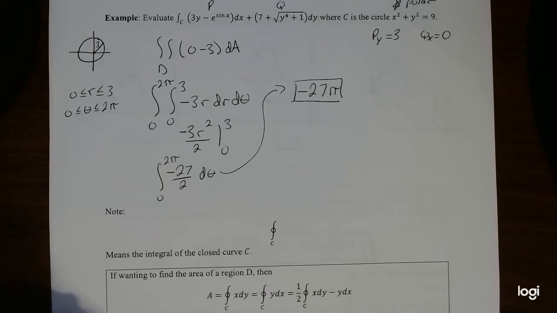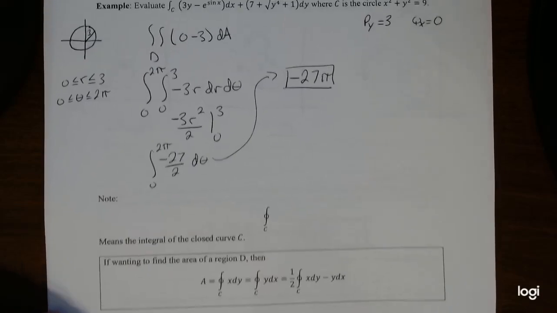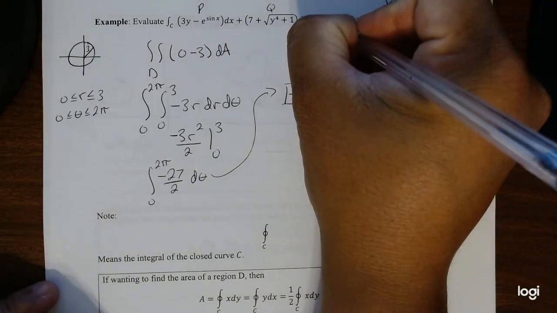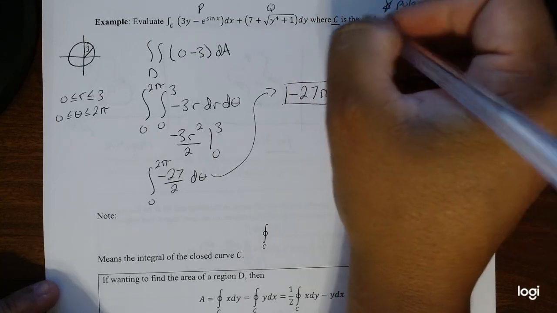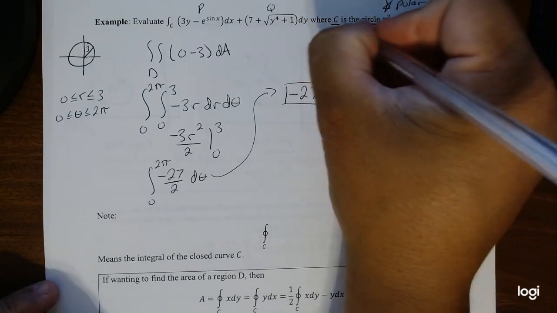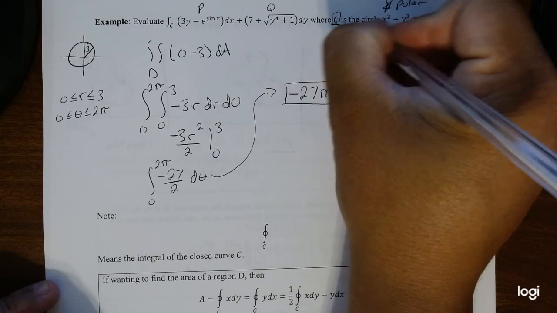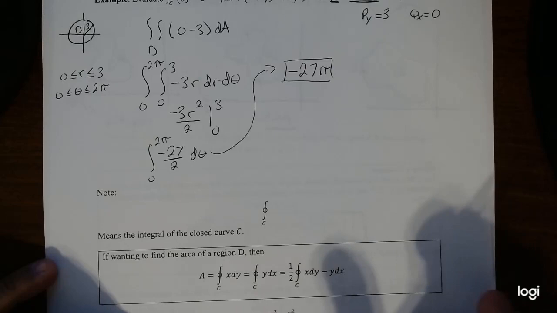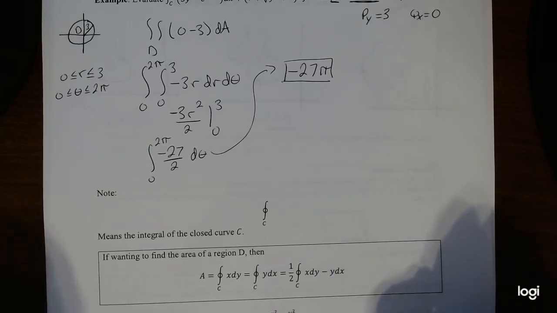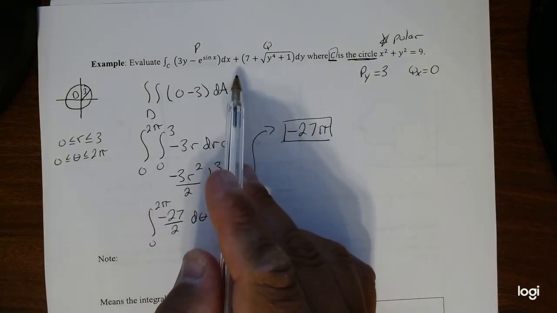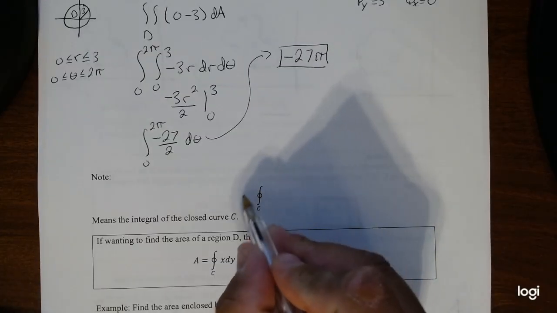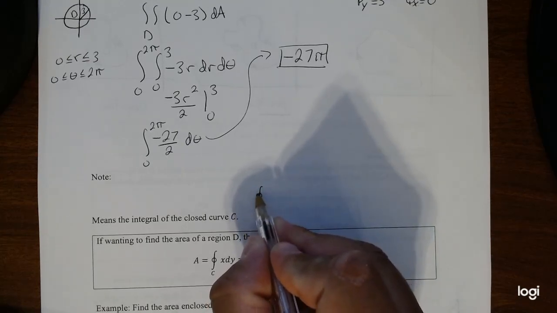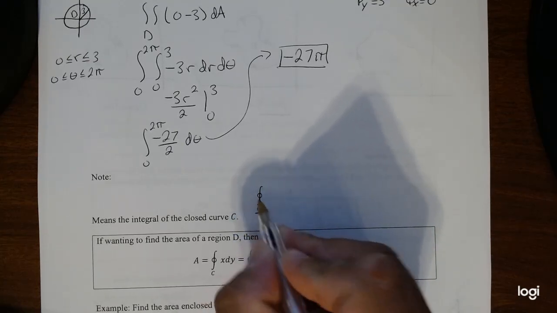Okay, now when it comes to Green's theorem, a quick little bit of notation before we go any further. If our region D is a circle itself, like here, then for notation purposes we write the line integral with a circle on the integral sign, with C representing the circle.